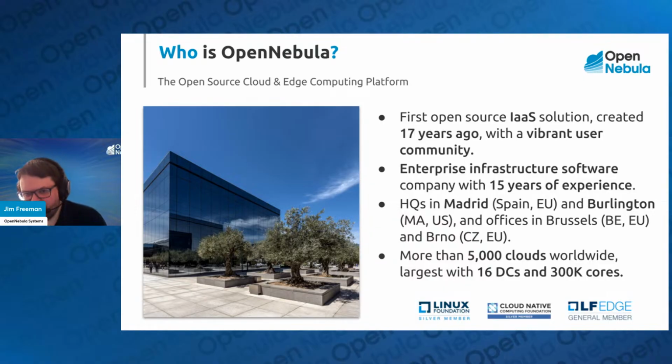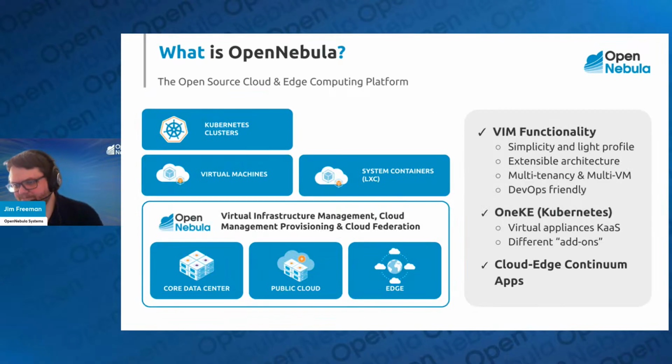We estimate there's more than 5,000 clouds running OpenNebula worldwide, with some really big scalable environments, spanning 16 different data centers, hundreds of thousands of cores, and things like that. So hopefully that gives a bit of a background into the company and who we are.